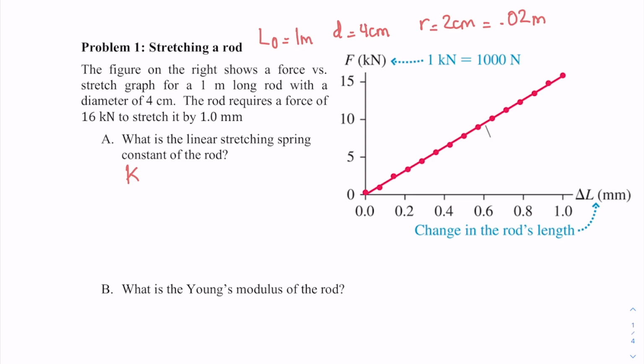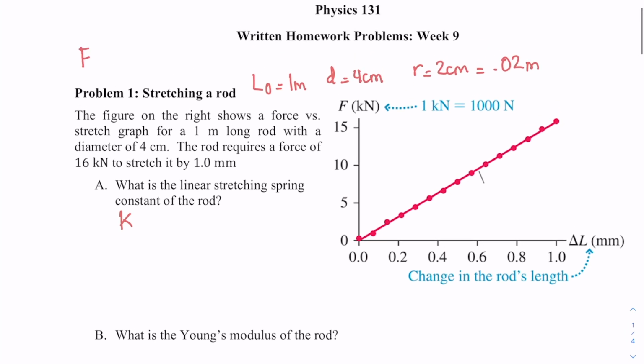So if you remember, the spring force is F equals negative kx, right? And the negative here comes from the fact that the spring force is a restoring force. So if I'm compressing the spring to the right, giving it a positive displacement, then the spring force is going to be pointing in the opposite direction in order to restore the spring into its original equilibrium position. That makes sense, right?